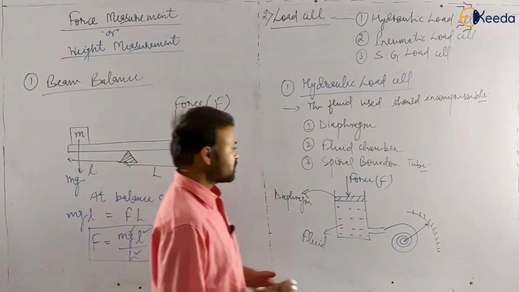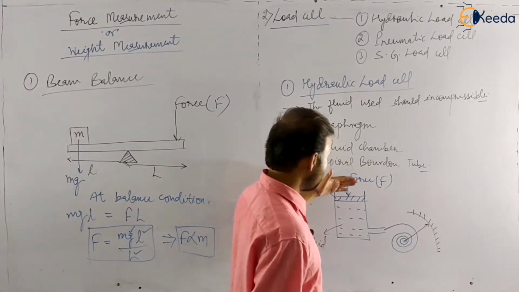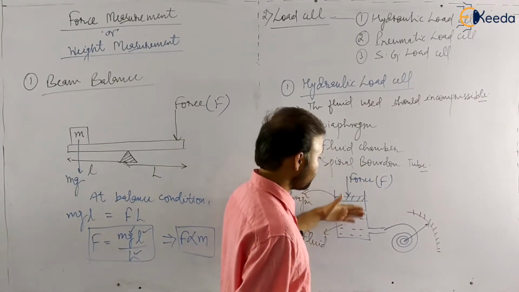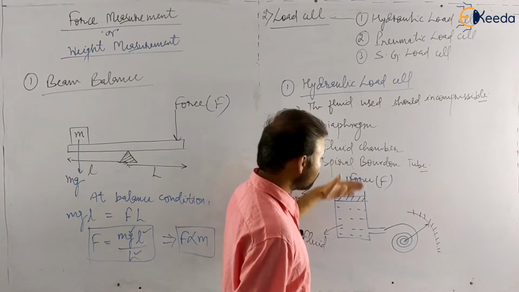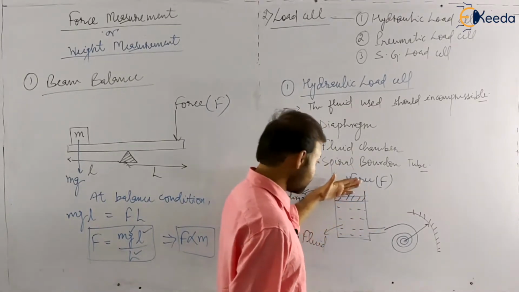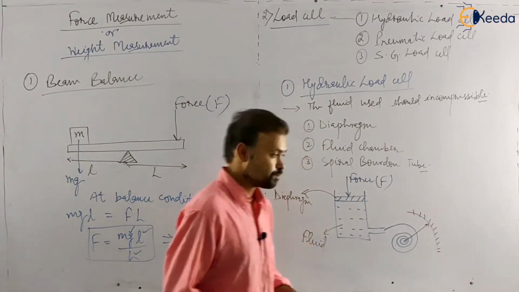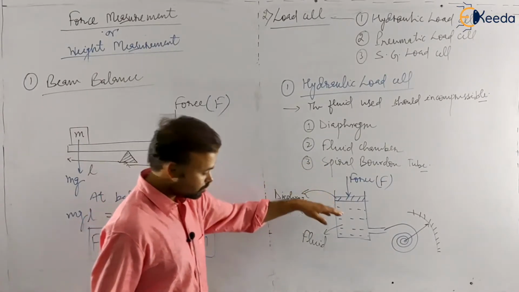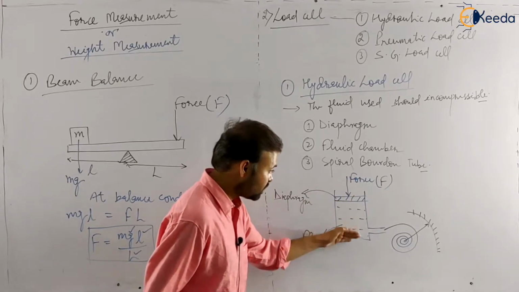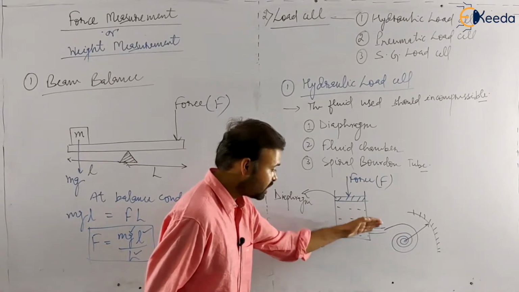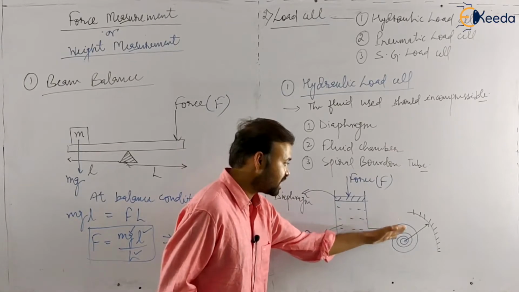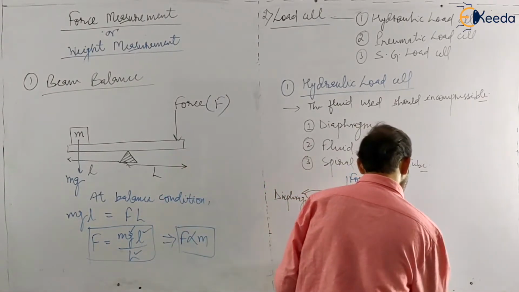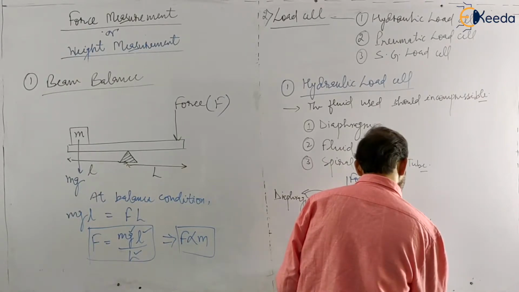When you apply force on the diaphragm, it will compress this fluid, and that force will be transmitted by this fluid to this burden tube. Force will be converted into pressure, and that pressure will be transmitted through this fluid and sensed by the burden tube. This is the spiral burden tube.